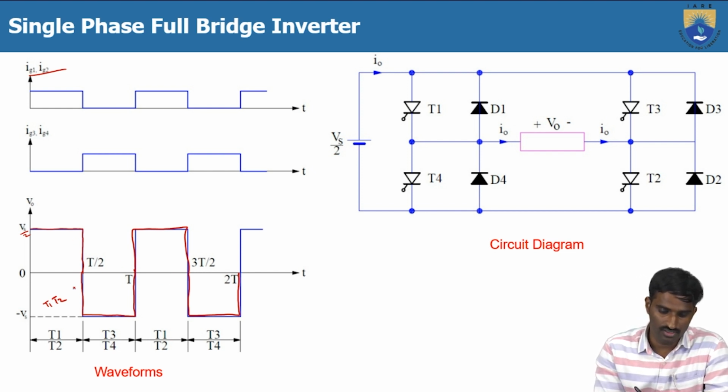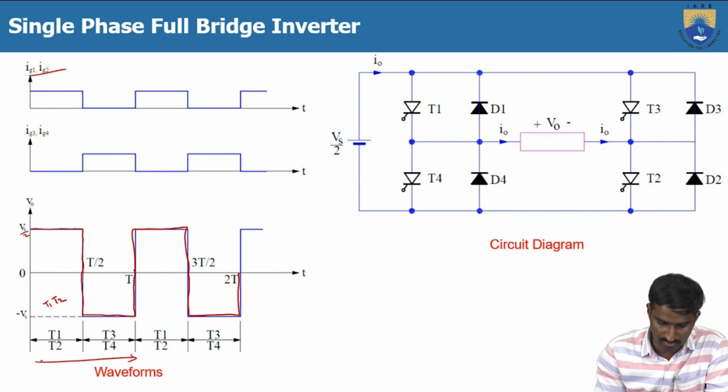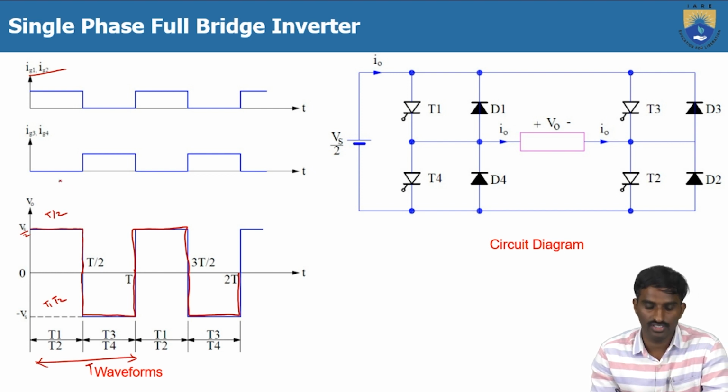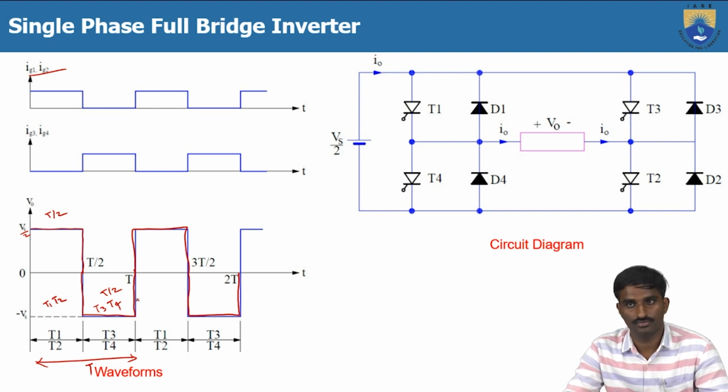Let us consider the total time period T. Then for the duration of T by 2, the thyristors T1, T2 will turn on, and for another T by 2, the thyristors T3 and T4 will turn on. So very simple, right?